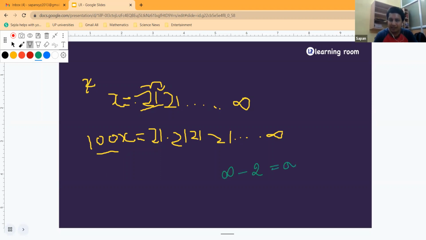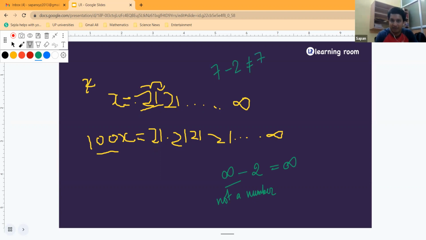From the first class, you seem so worried about infinity, because this is not a number. It's a notation. If I was doing 7 minus 2, it cannot be 7.